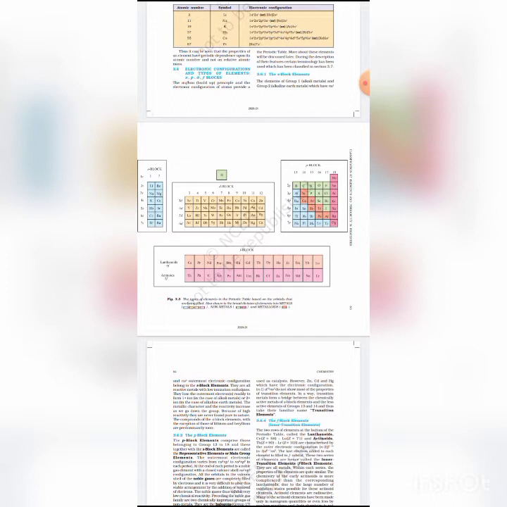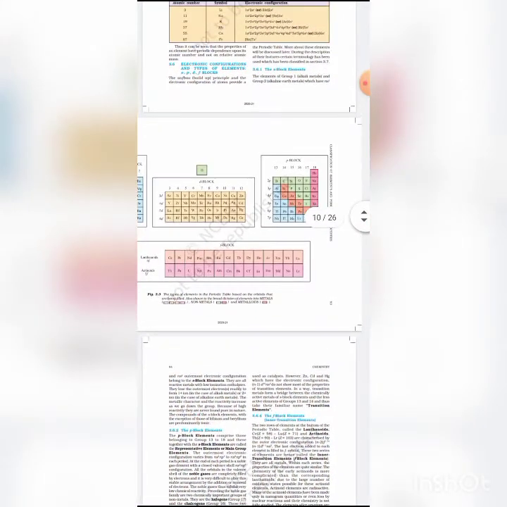On moving down a group, atomic weight also increases due to increase in the number of nucleons, that is protons and neutrons, in the nucleus. Nuclear charge increases because of continuous increase in number of protons, that is positive charge in the nucleus of atoms of the elements going down a group.